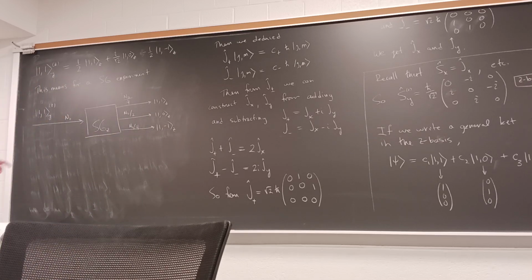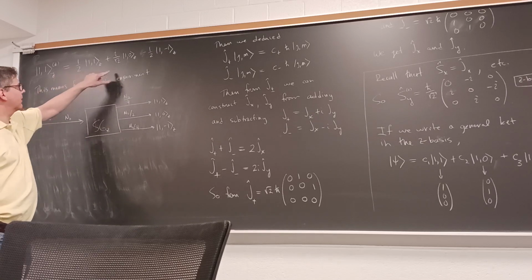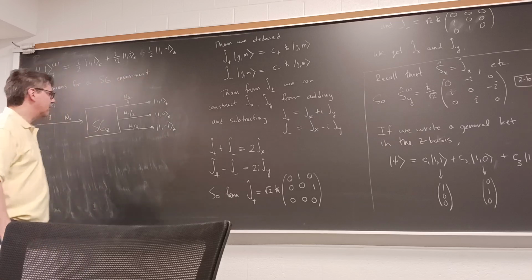That's just because those are the amplitudes squared, which will give us 1/4 here, 1/2 here, and 1/4 there.